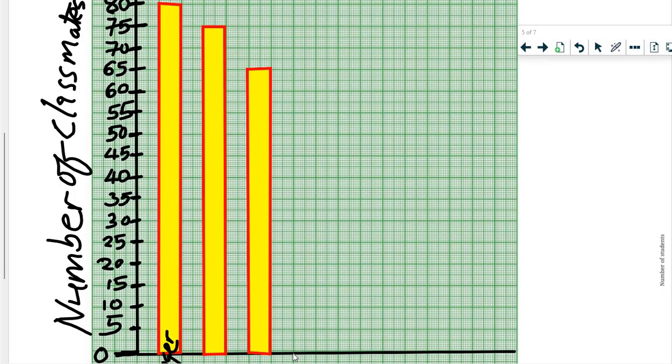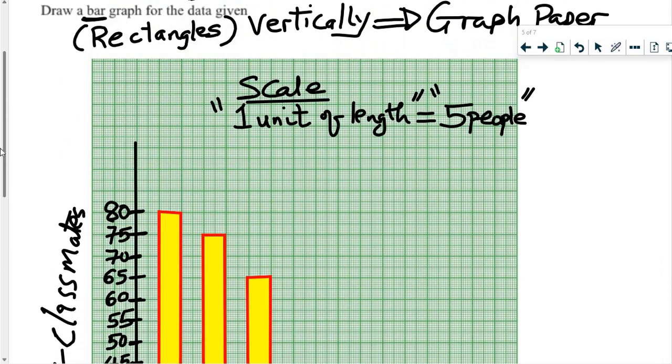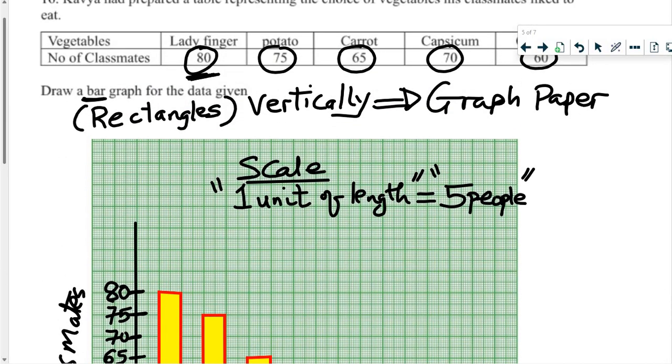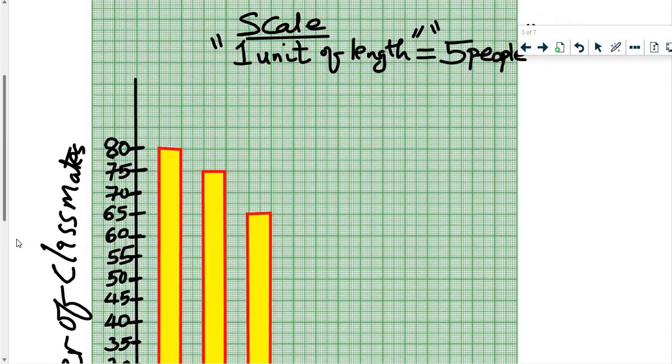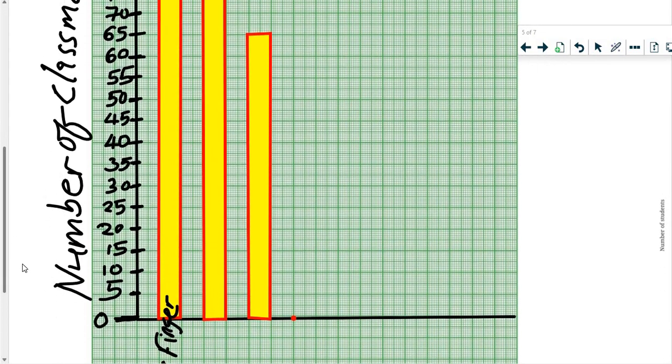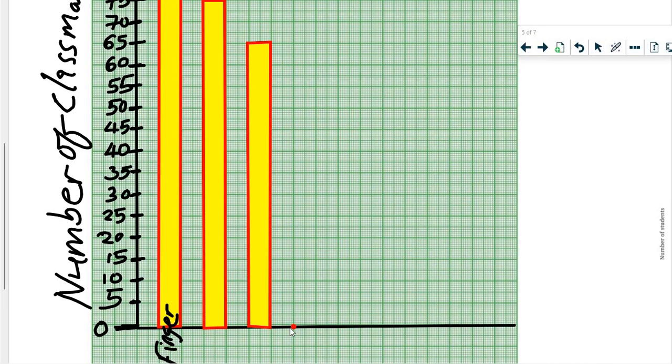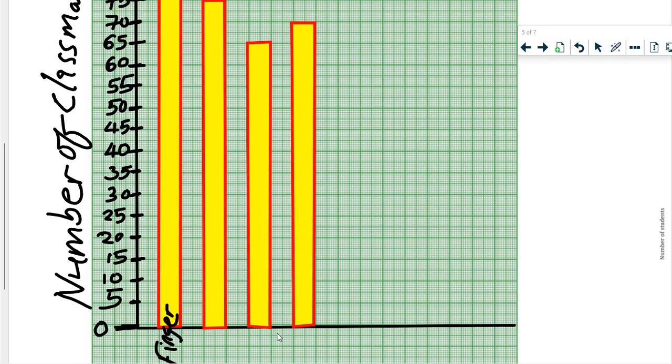So leave a gap of uniform width. What was the number? 65 done. 70. Okay. So you go until here, 70, and then you go this way, go down, close.